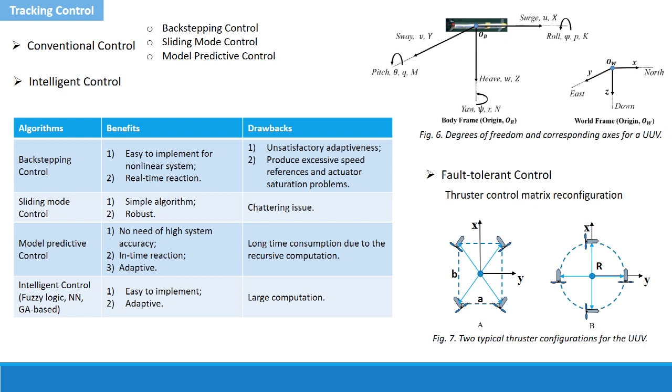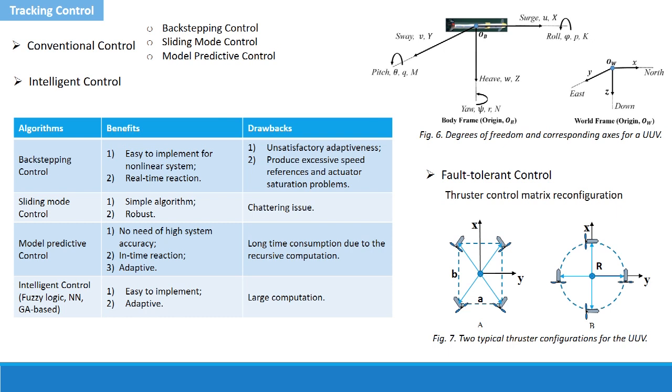For the fault-tolerant control, in figure 6 you can see the typical structure of the UUV. Six degrees of freedom, DOF, are considered, but in most practical cases, only 4 degrees of freedom are involved, as the DOF of pitch and roll are usually supposed to be kept at 0 to maintain stable movement of the UUV when diving underwater.